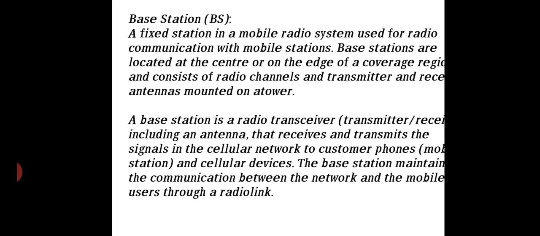Next, a base station is a radio transceiver, transmitter and receiver including an antenna, that receives and transmits the signals in the cellular network to customer phones, which are nothing but mobile stations. These are connected with the mobile stations and cellular devices.